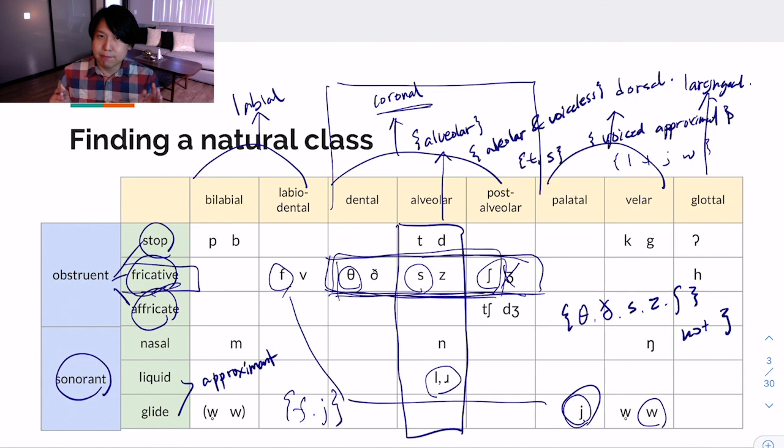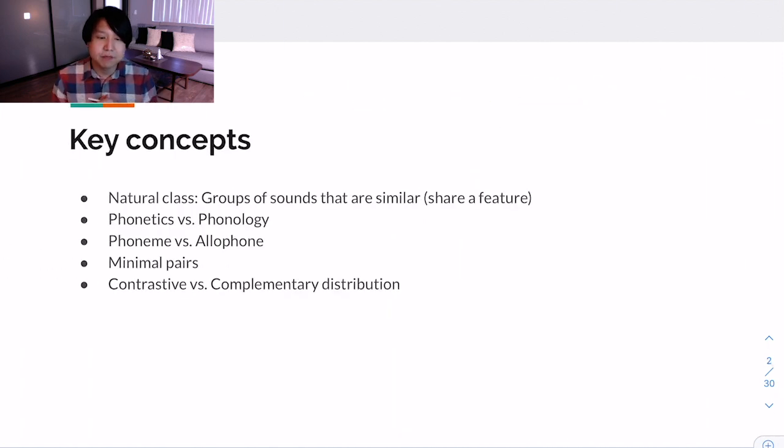But it is impossible that there is a phonological rule that applies to only 5 of these, because these 5 cannot form a natural class in English. It cannot be defined by a certain feature that is shared by all these 5 elements without including any other elements. So that's the concept of natural class.